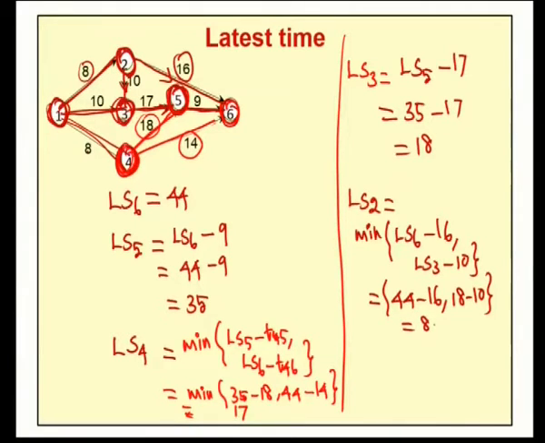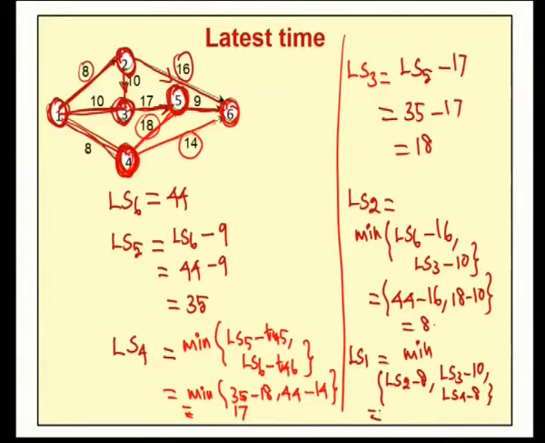Therefore, our LS1 is the minimum value of LS2 minus 8, LS3 minus 10, and LS4 minus 8.